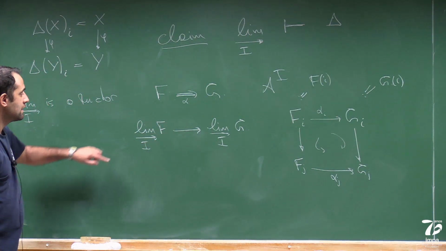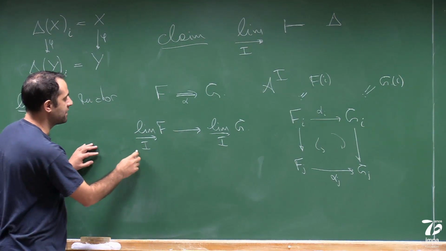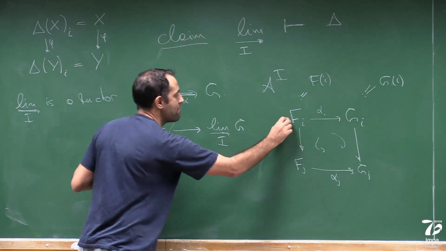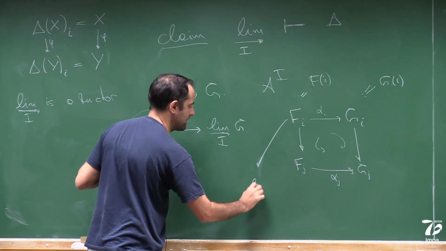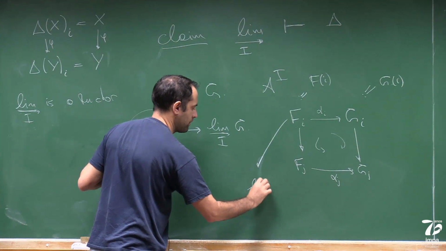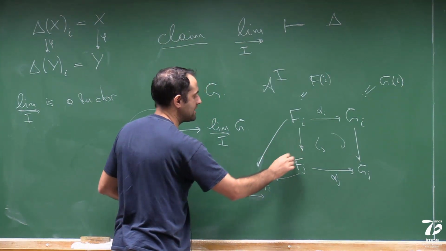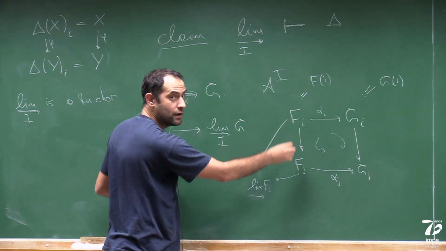On the other hand, this colimit here came with maps from f_i to that colimit, and from f_j to this colimit, making this diagram commute for every arrow here.